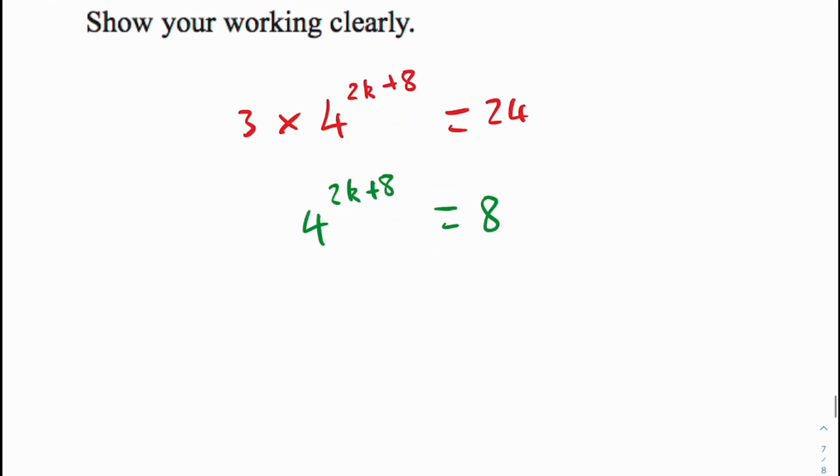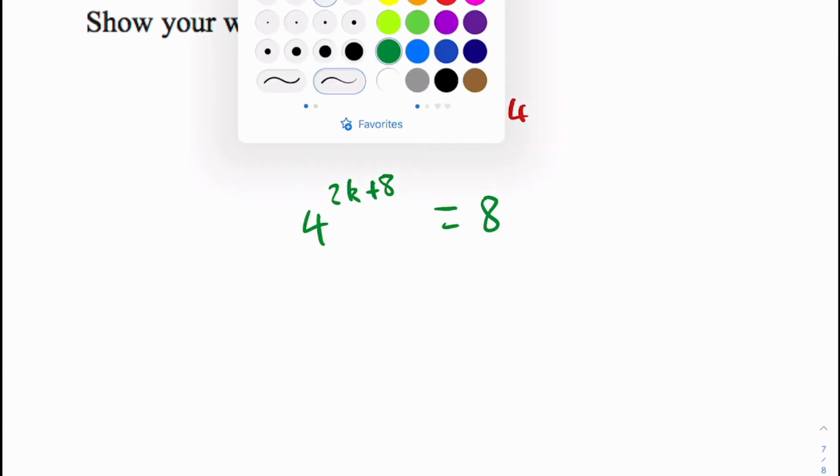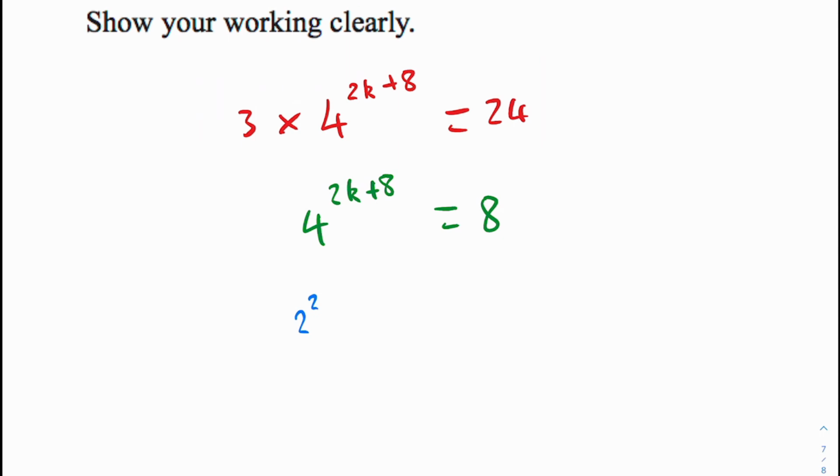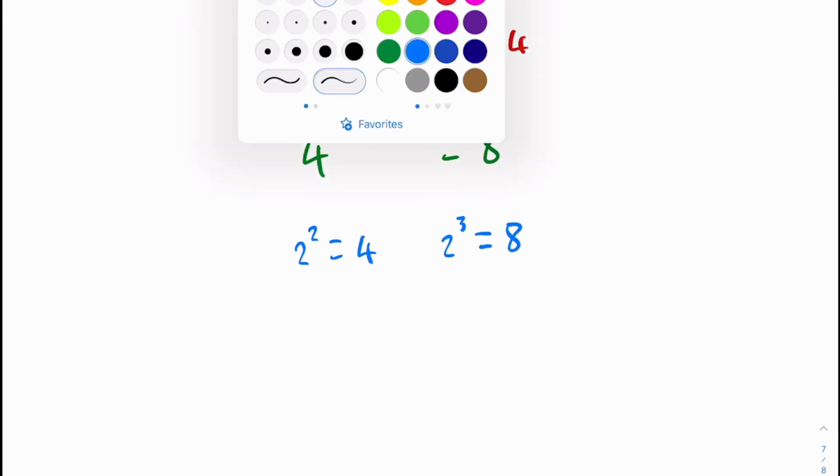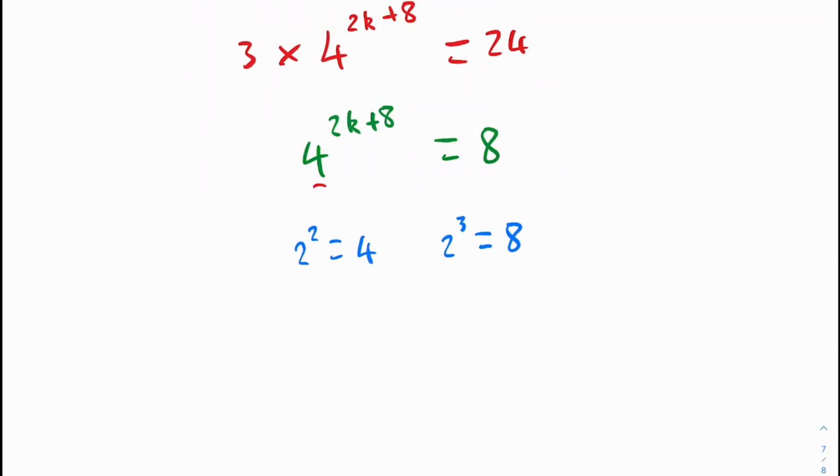Okay, next thing to do is we need to realise that 4 and 8 can both be written as a power of 2. Now, again, this is kind of difficult to spot, but we can see that 2 squared is, of course, equal to 4, and 2 cubed is equal to 8. So what we have to do is we need to convert the 4 and the 8 in terms of 2.